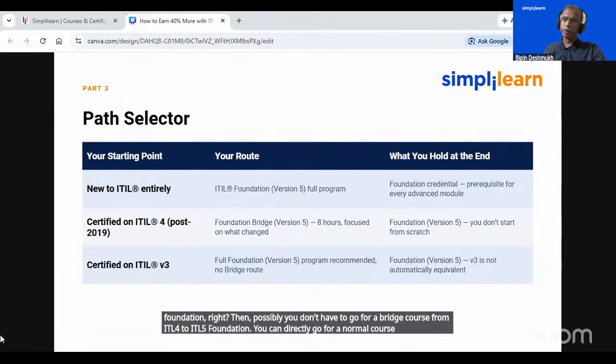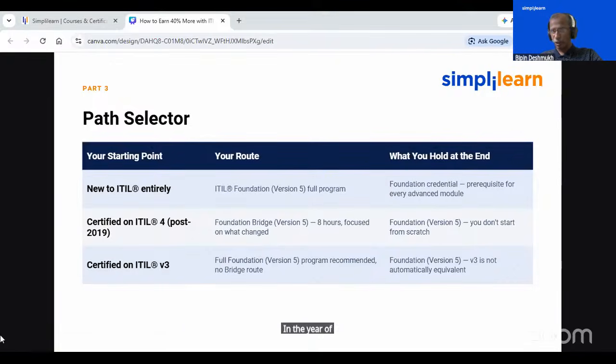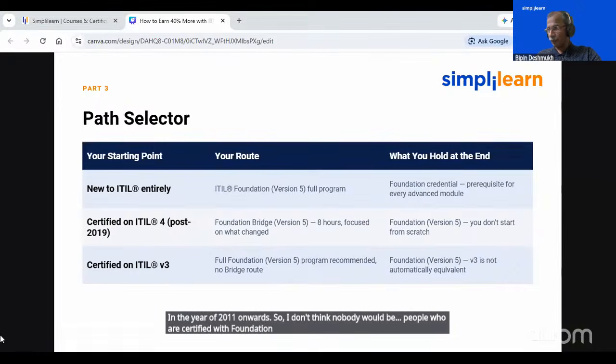In any case, ITIL 3 Foundation is not valid as of now because examinations stopped from the year 2011 onwards. So I don't think anybody certified with that foundation wants to pursue ITIL 4 Foundation. So that's a direct course we will have to go for.